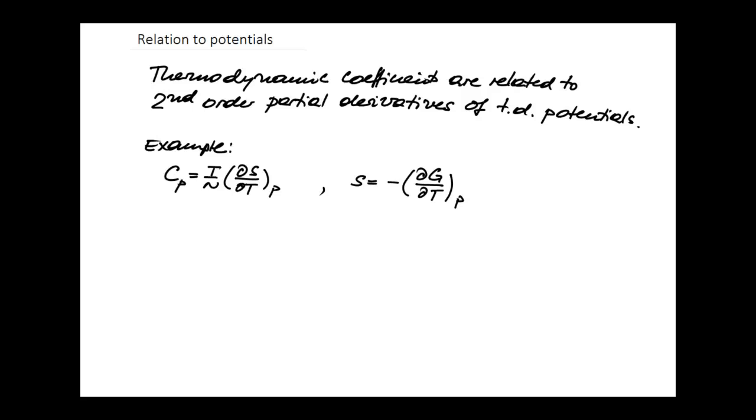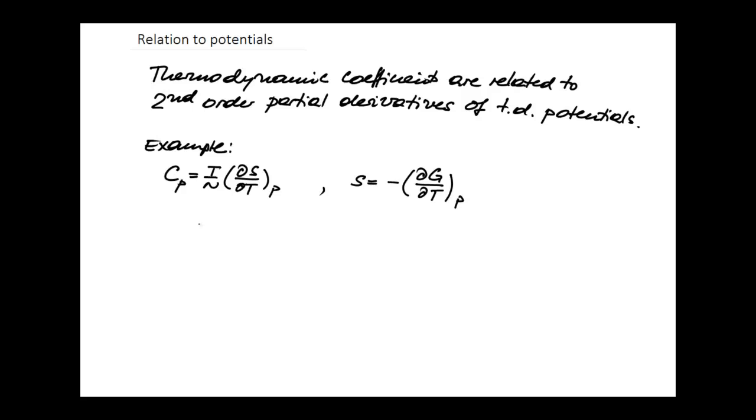Remember in the Guggenheim square that the free enthalpy has as its natural variables pressure and temperature, and entropy is the conjugate of temperature. So when you take the partial of G with respect to temperature, you obtain, up to a sign, the entropy, and here this happens to be a minus sign.